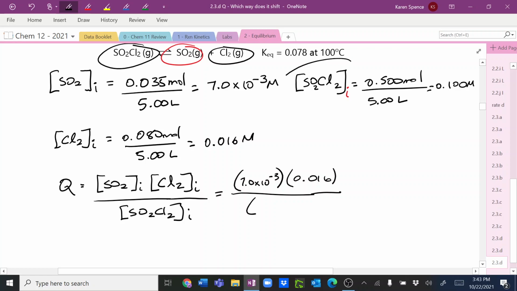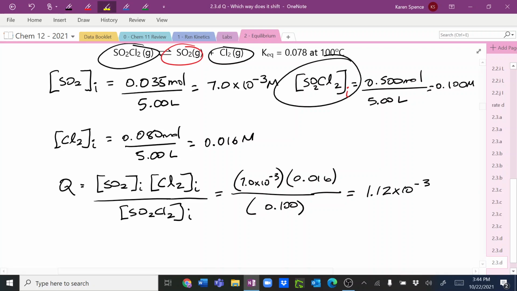And my SO2Cl2 is the one that is 0.100 molar. Plug that in and we get 7E-3 times 0.016 divided by 0.1 equals 1.12 times 10 to the negative 3.